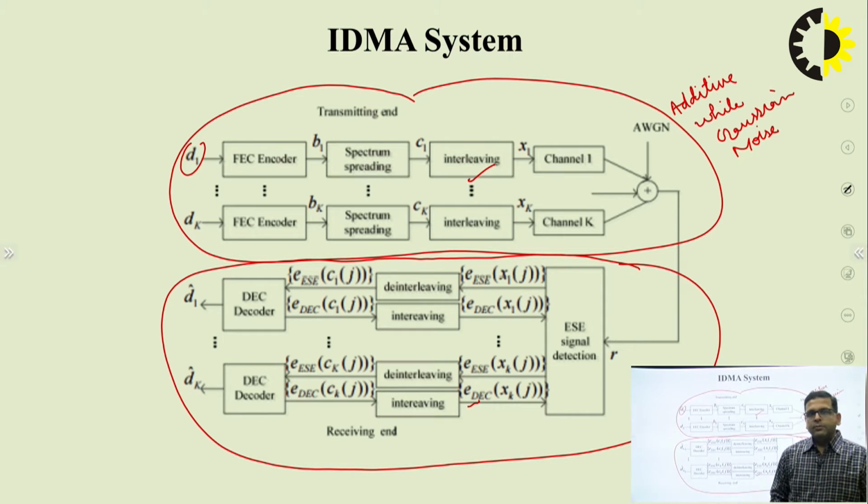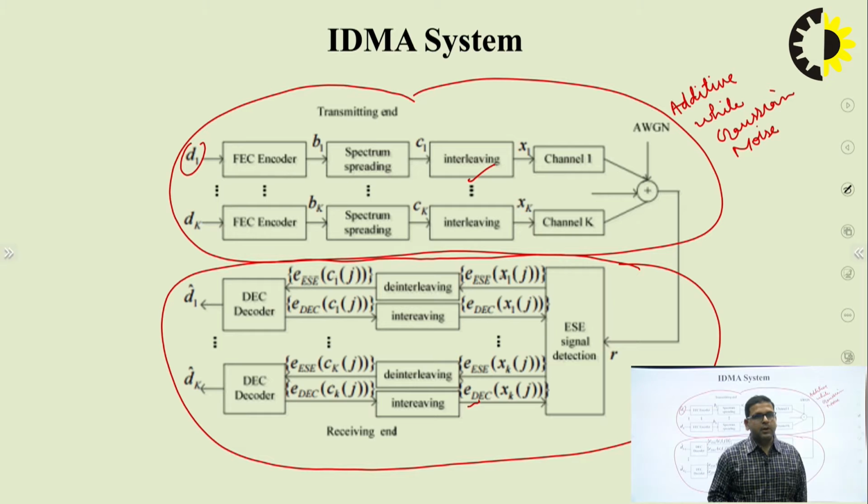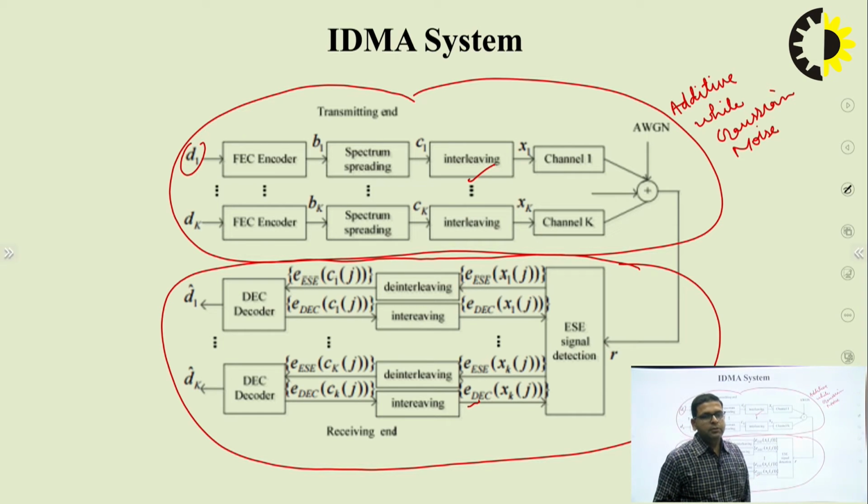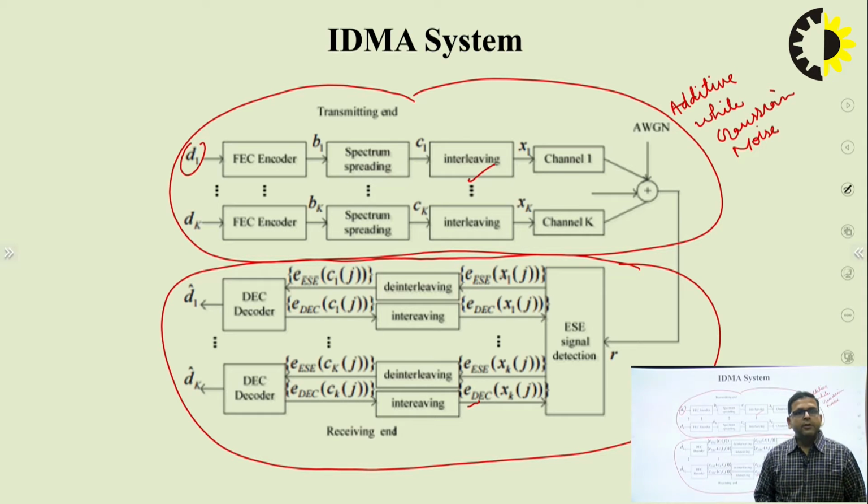At the receiver end, the elementary symbol estimator signal detection is the first block, which estimates the symbol. After passing through this block, we apply the signal to the de-interleaver, which removes the interleaving, and its output is applied to the decoder. The decoder decodes the information and estimates the original transmitted symbol.